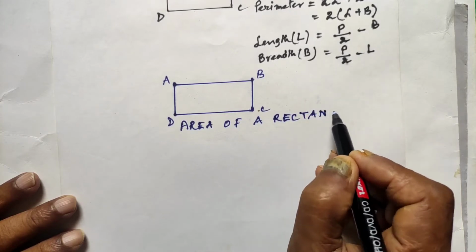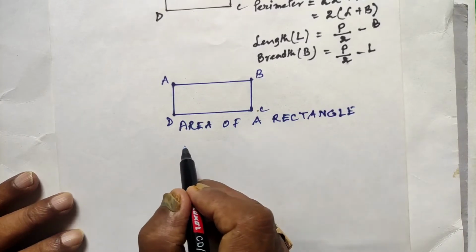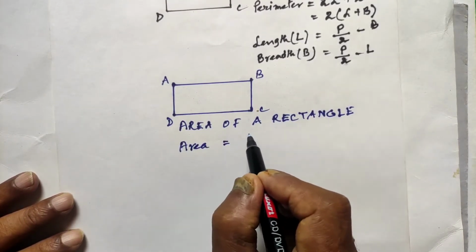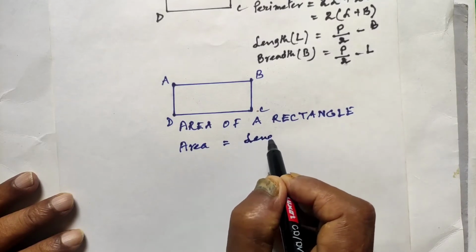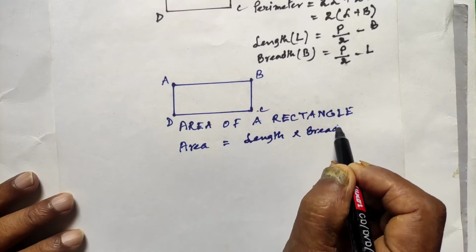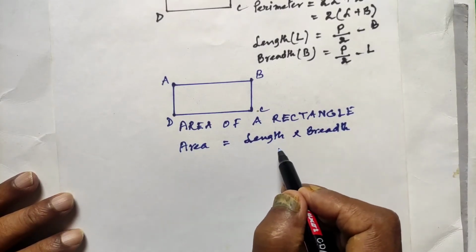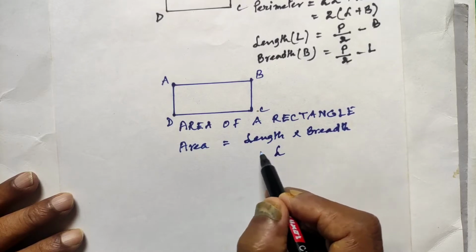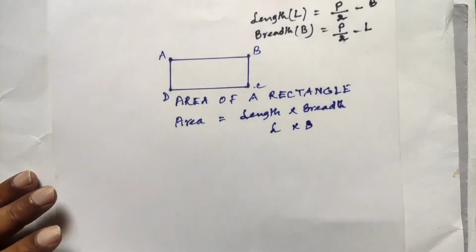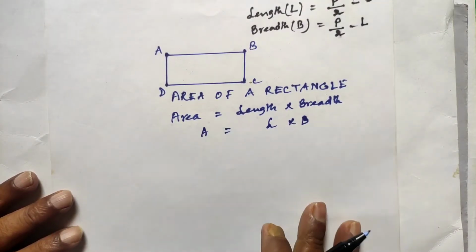When we find the area of the rectangle, the formula is area equals length into breadth. L is length and B is breadth. Length into breadth, that is area.